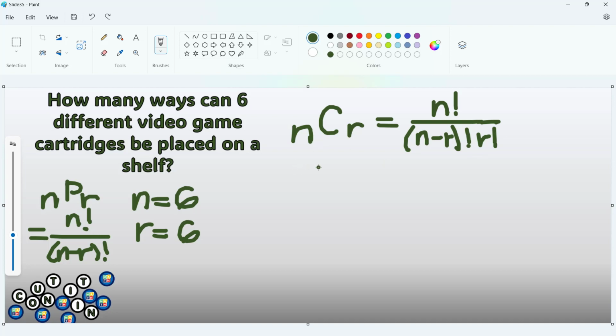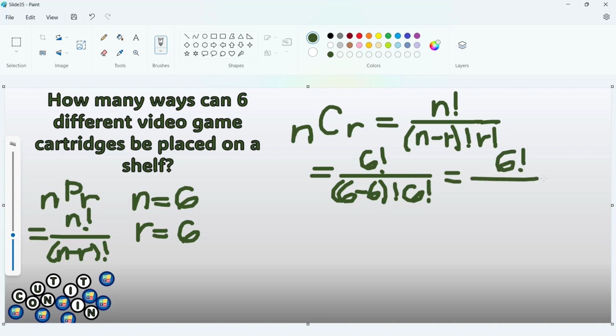Let's try to do it. You will have 6 factorial over 6 minus 6 factorial, times 6 factorial, which is your r itself. Notice you have 6 minus 6, so that's just 6 factorial over 0 factorial times 6 factorial.